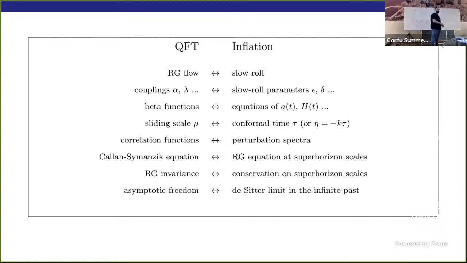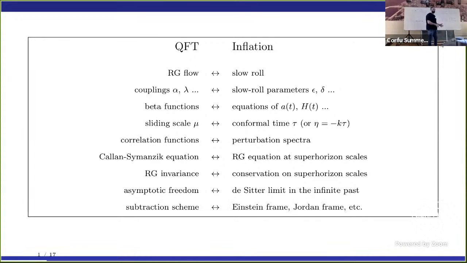Asymptotic freedom in quantum field theory will correspond to having a spacetime which is asymptotically de Sitter in the infinite past, which is a condition for inflation. And the analog of changing a renormalization scheme in quantum field theory is changing frame.